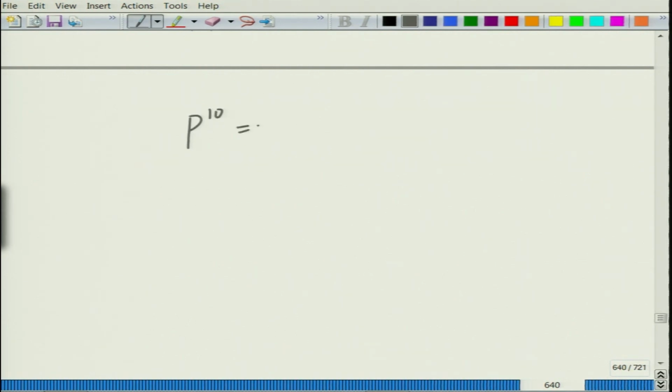Now, let us look at P to the power 10. This gives the 10 step transition probabilities, and you will observe something interesting. You will observe that this is 0.9474, 0.0526, 0.9474, and 0.0526.